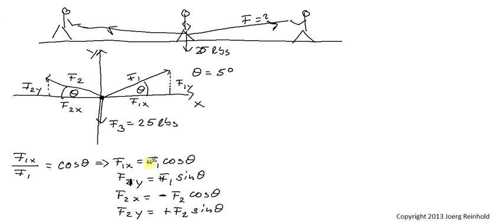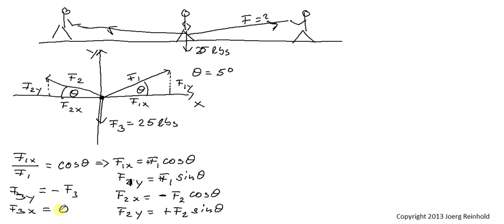Also F3 is strictly in the y direction, so F3y is just minus F3, and F3x is not pointing in the x direction at all. This is 0. So we have all these components.